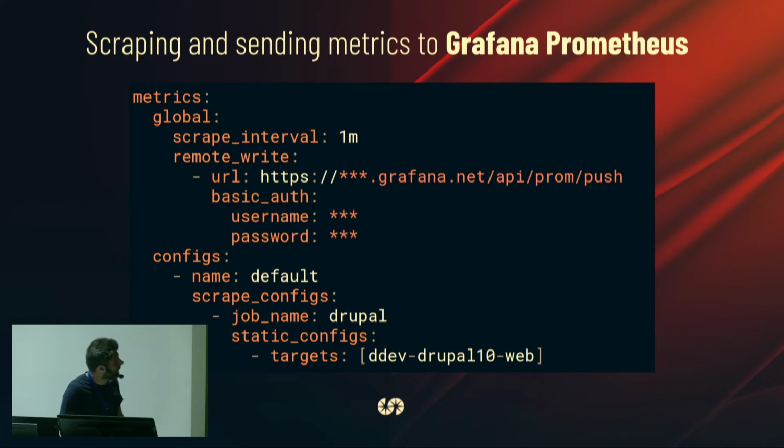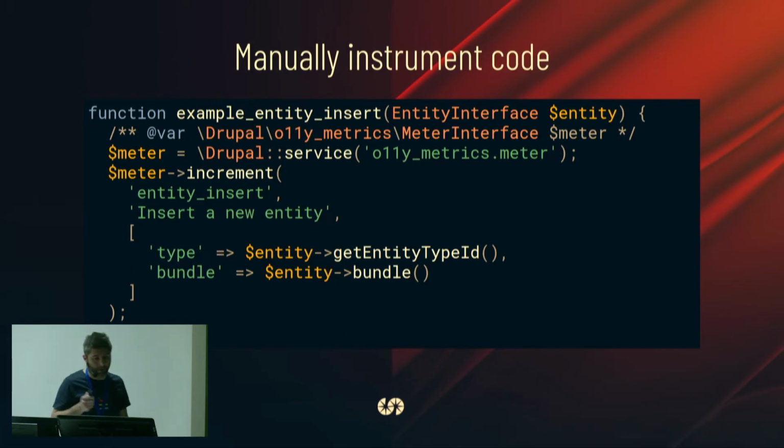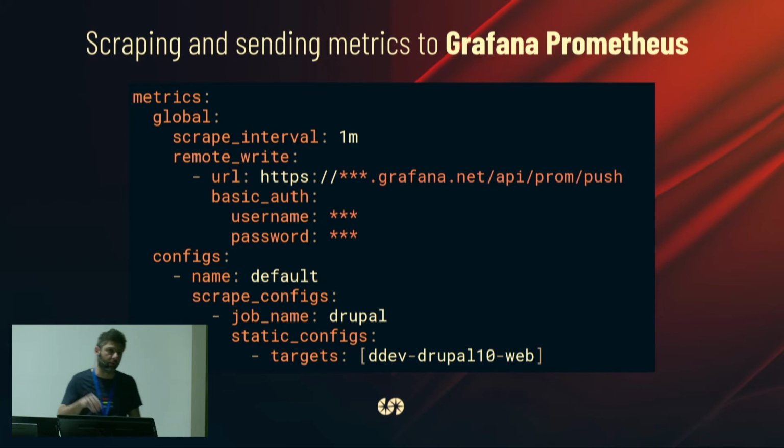So every 1 minute, it downloads all the metrics from ddev Drupal 10 web /metrics and sends them to Grafana Cloud at this endpoint. Okay, and this is all done automatically. So you just install Drupal, install the module, configure the Grafana agent, and on Grafana you will see all the metrics collected automatically about time, memory, and requests.